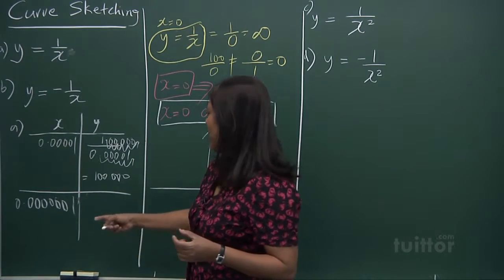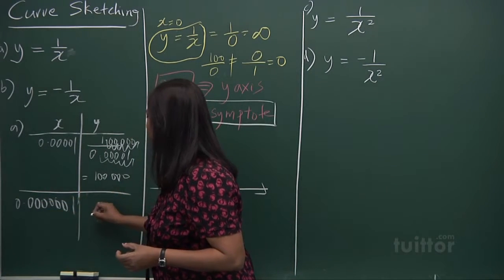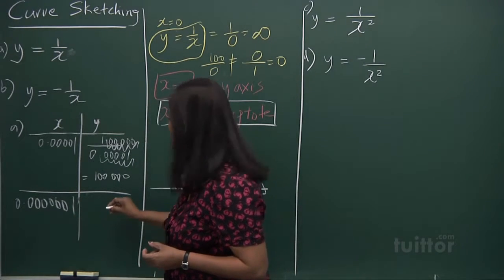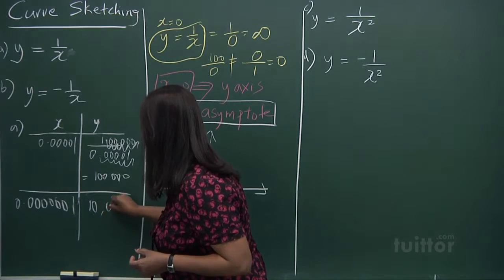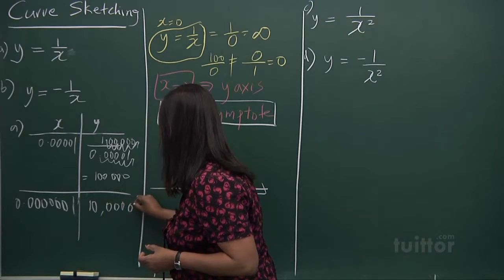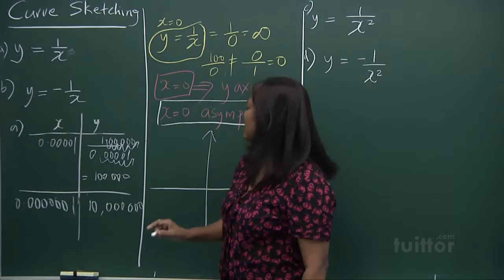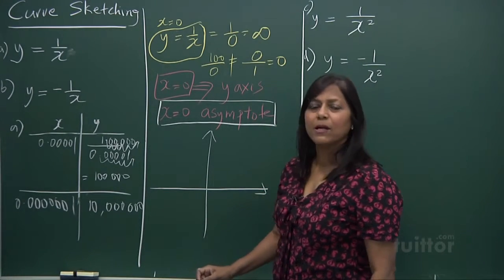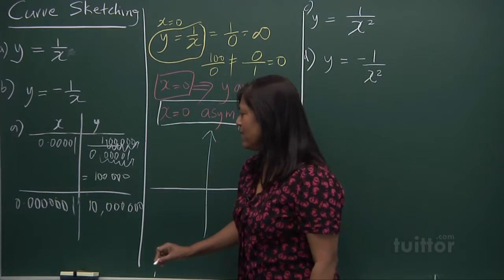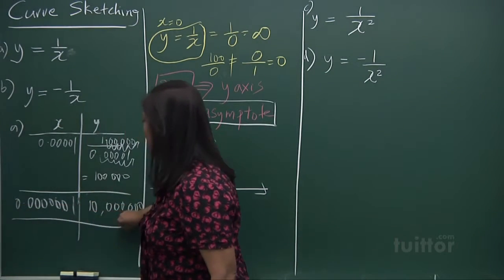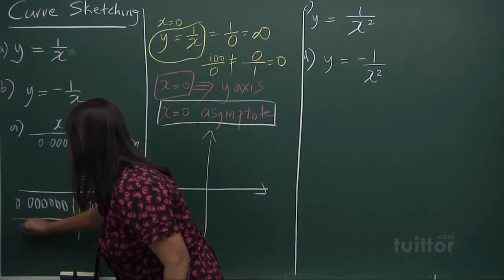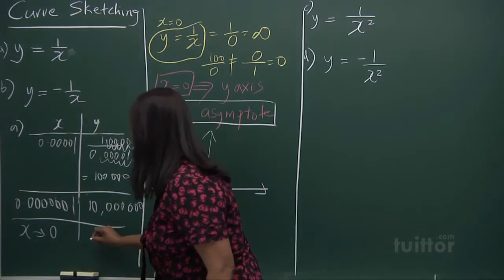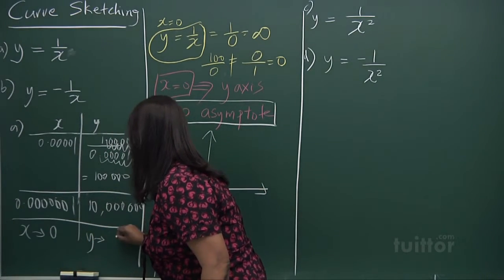If you move it 7 times, your y is equal to 10 million. So you can see that it becomes really, really big. So when x is getting closer to 0, y is approaching infinity. That's what we say: when x approaches 0, y approaches infinity.